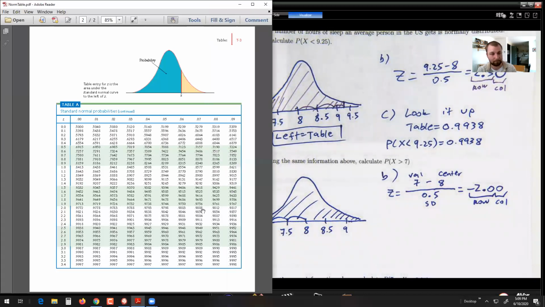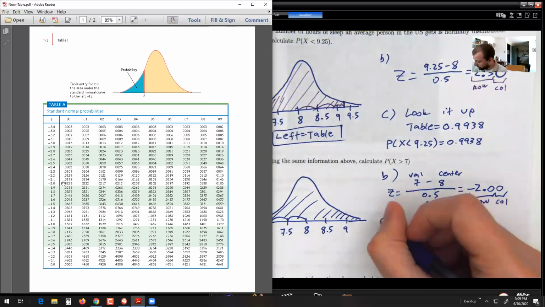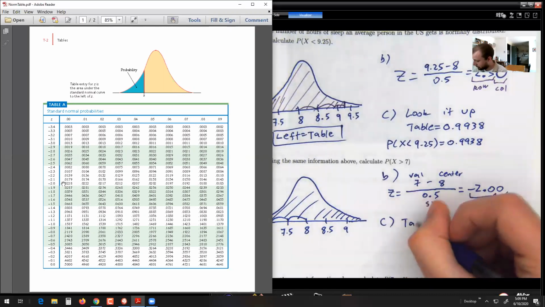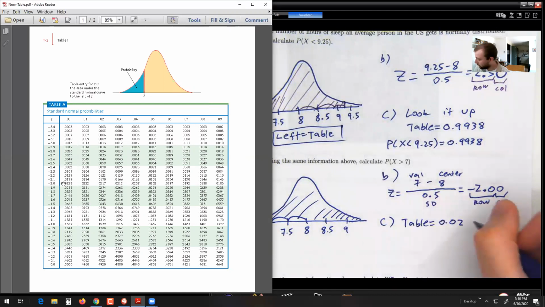So let's try it out. I'm on the negative side. I go to -2.0, where this meets the 0, and I get a table value of 0.0228 or so.